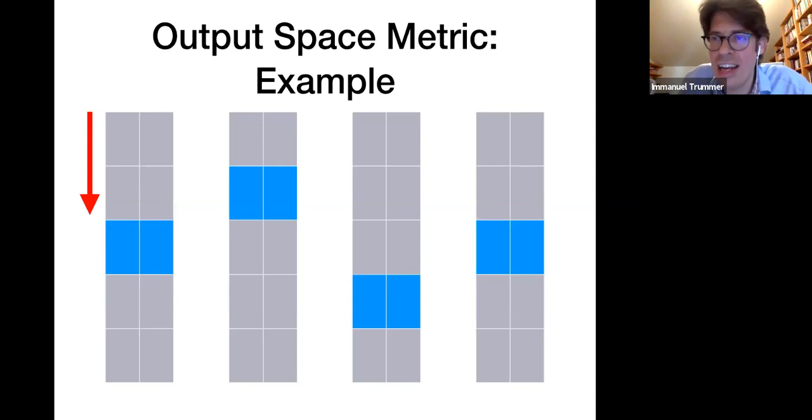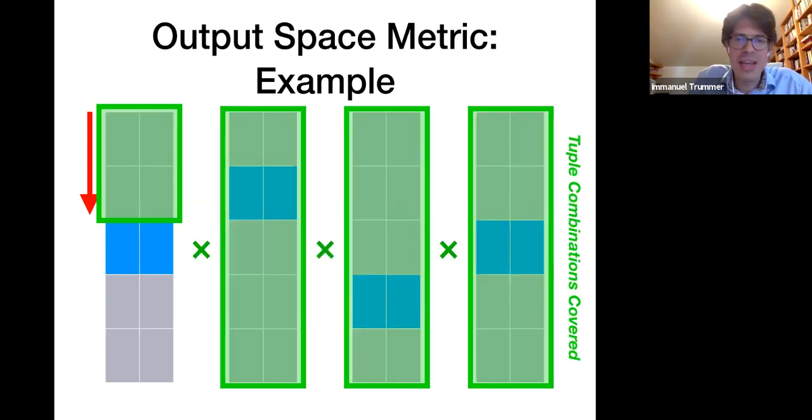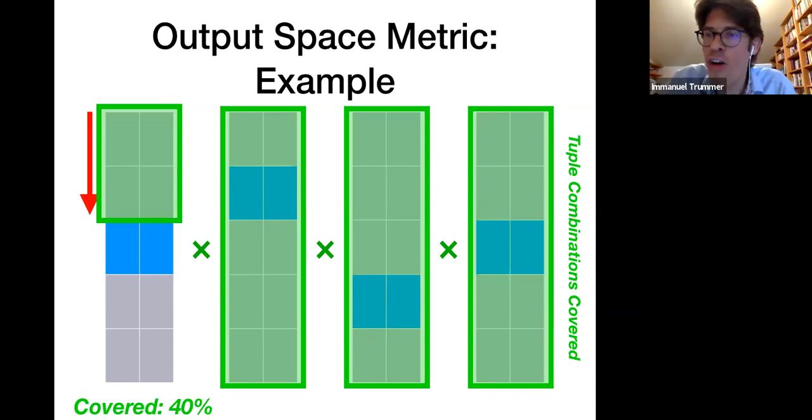So if we make an advance by 2 tuples in the first table in join order, which here you have on the left-hand side of the screen, then we have implicitly considered and searched the Cartesian product between the first 2 tuples in the first table and all tuples in all of the following tables. And this Cartesian product selects 2 out of 5 tuples in the first table and then all tuples in the remaining tables. Therefore, we have covered 2 out of 5, meaning 40% of the space of potential join outputs.